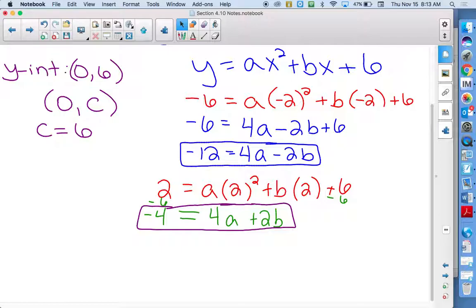Thinking back through the concepts that we've talked about so far. You have two variables. We need to find one of those variables, actually both of them. If you have two equations and two variables, how can you use two equations to find variables? Emma? Yeah, we can use elimination.